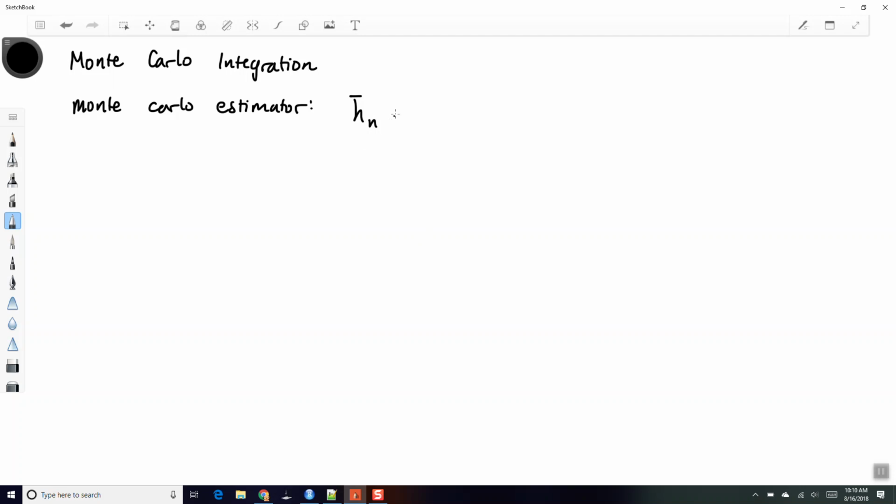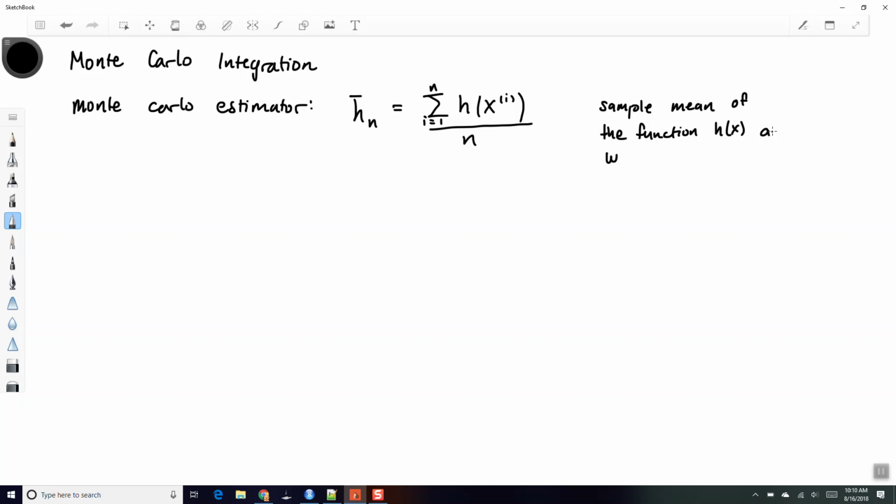And this is defined as the sample mean of the values, okay, so this is the sample mean of the function h of x, where the sample mean of the function h of x is applied to random draws of x.